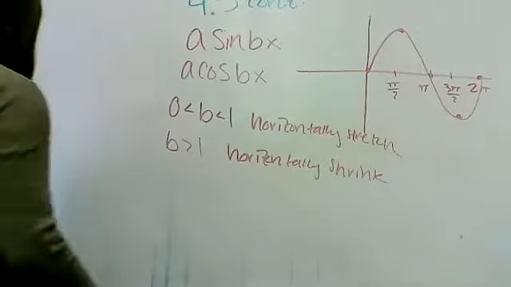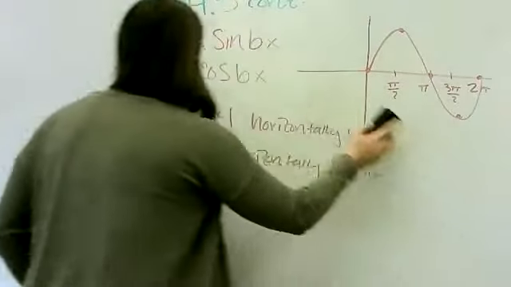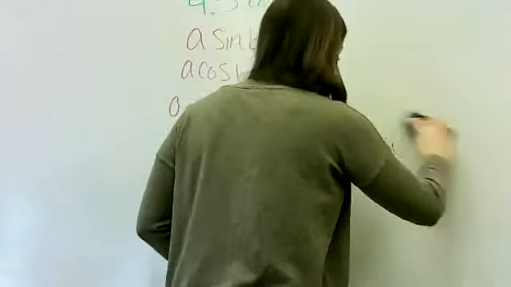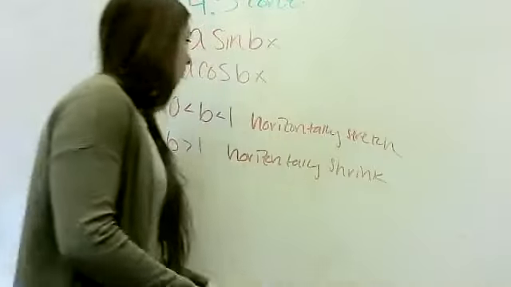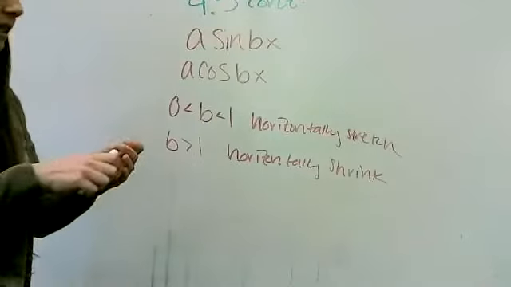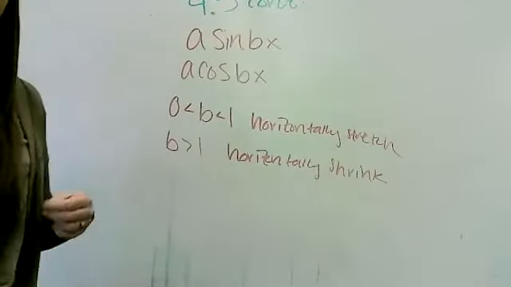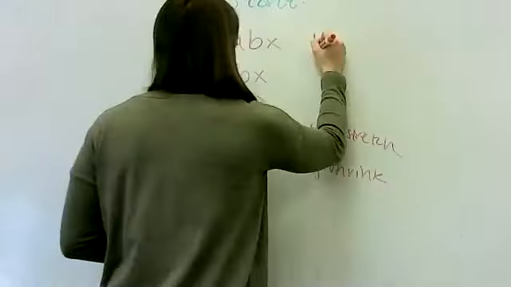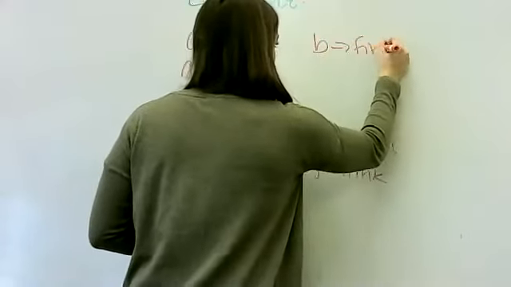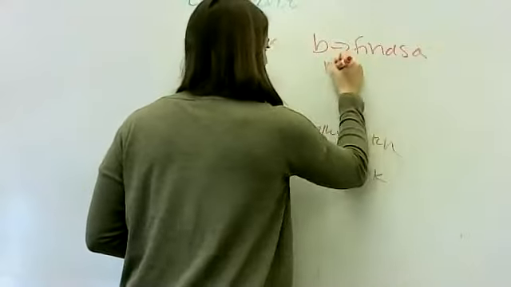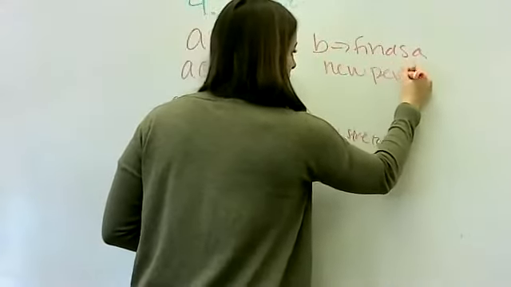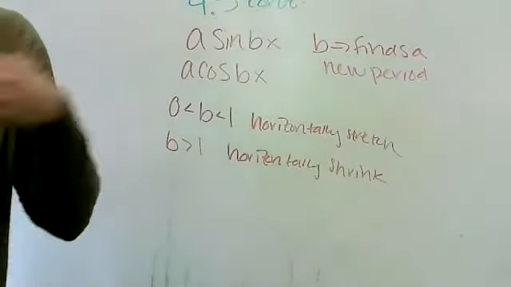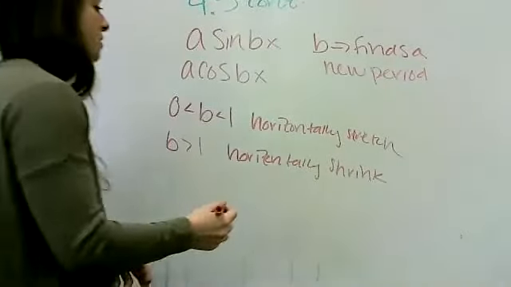Showing you an example is probably going to be the easiest way to do this. When we find this b value, we have to do one thing. The b value essentially finds us a new period. But how do we even do that? When we get that b value, how does that magically make a new period for us?